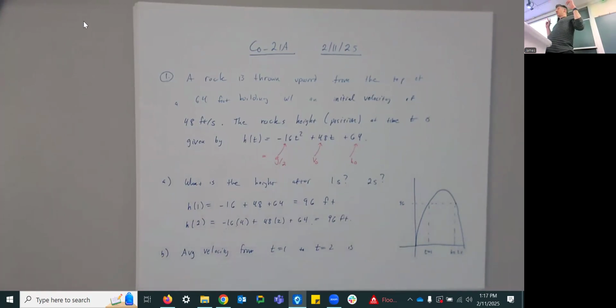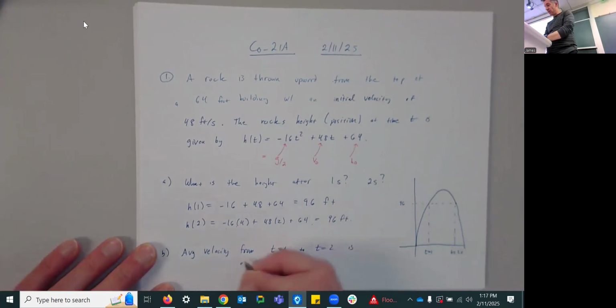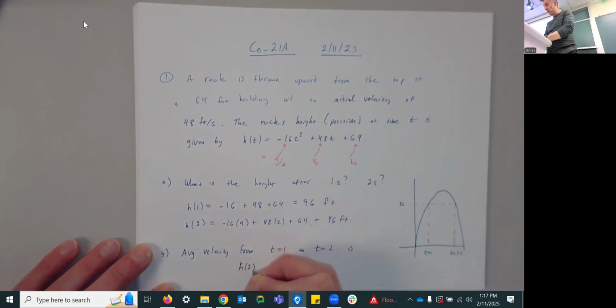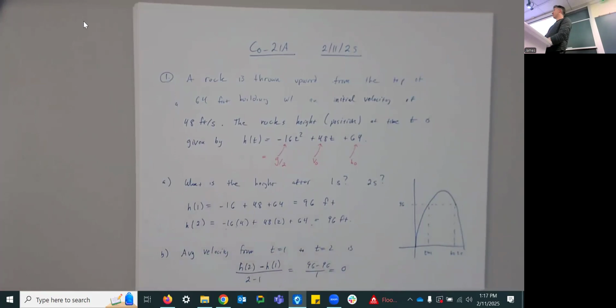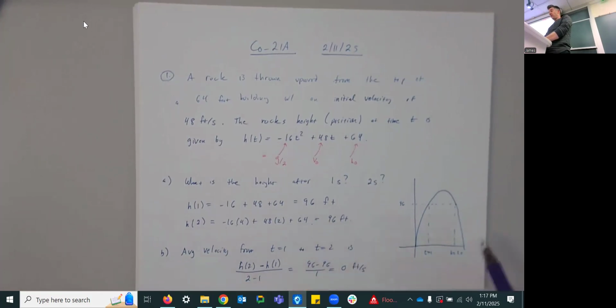It's our position at time 2 minus our position at time 1 divided by the change in time. That's 96 minus 96 over 1, which is 0. So the average velocity is not that interesting. Or maybe it is, because even though the rock definitely traveled, it went up and then came back down, the average velocity over that time is 0 feet per second.